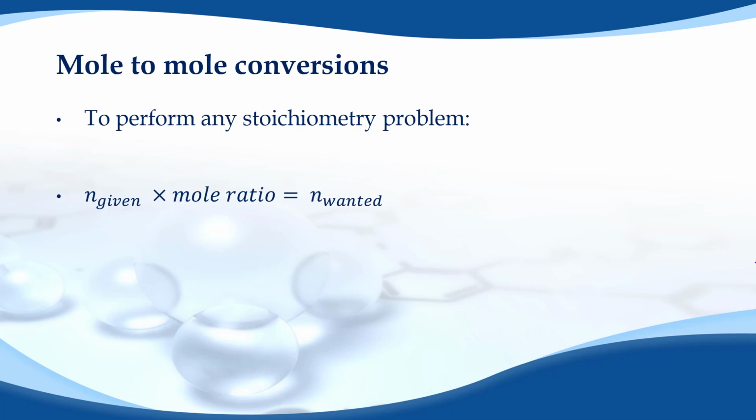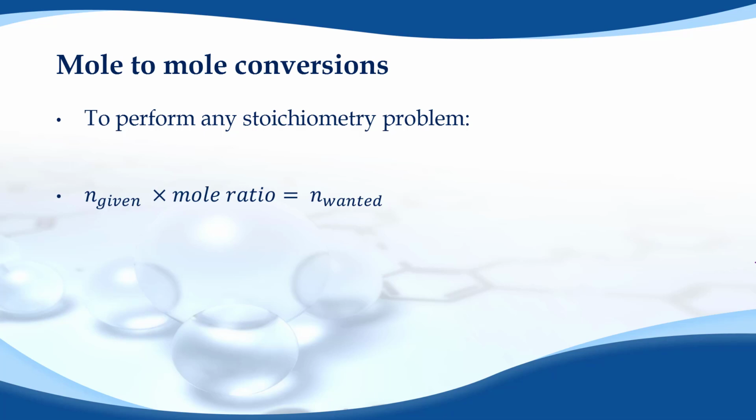Multiply it by your mole ratio, and that will give you the number of moles of what it is the question's asking for. So at its worst, you do a conversion to get your given substance into moles, multiply by the ratio that we just went over how to make, and that will equal the number of moles of what you're looking for, and from there you can convert it into whatever unit the question's asking for.